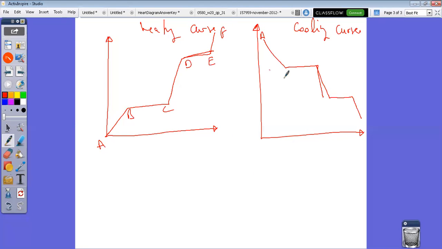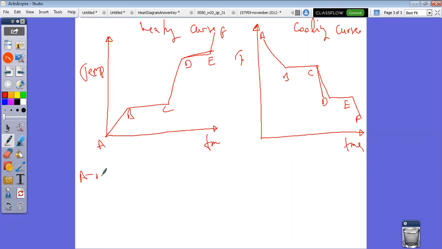So A, B, C, D, E, F. Clear. Now, this is temperature, which is increasing, and this is your time here. Temperature and time. Clear.